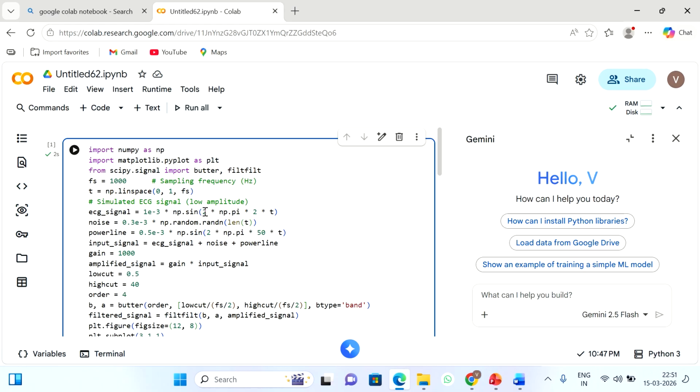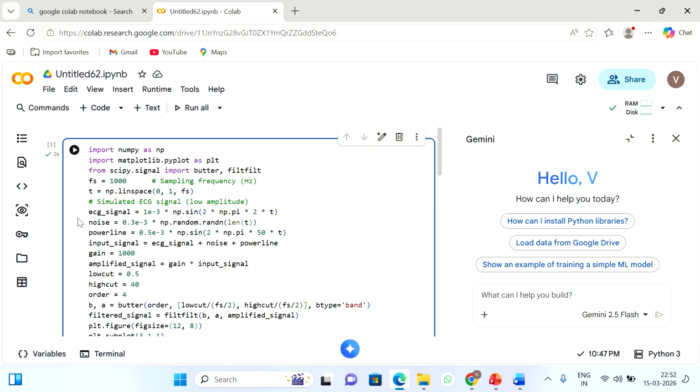Here f is the frequency, and the ECG signal frequency is very low, that is why it is 2. Normally the sinusoidal representation is A sine omega t, so A is the amplitude. Here 1e-3, that is 1 times 10 to the power minus 3, is equal to 0.001. This is 2 hertz, as I told you.